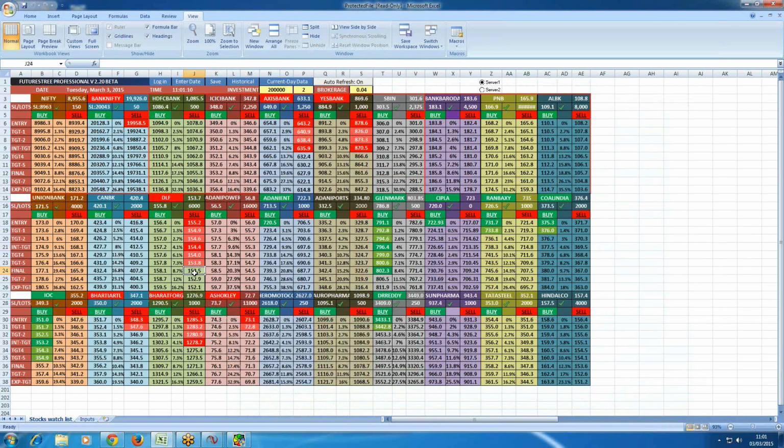DLF 153.50, that's the final target for that.